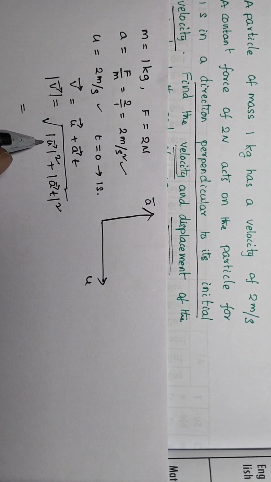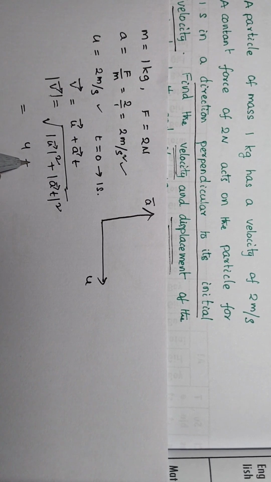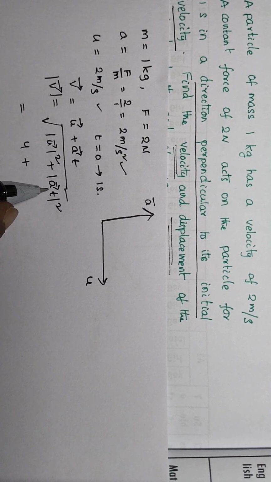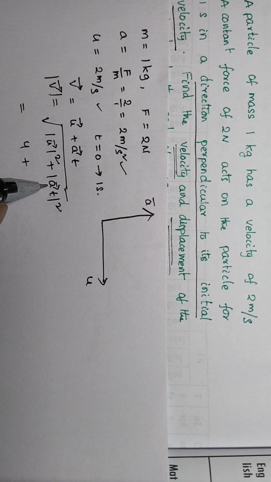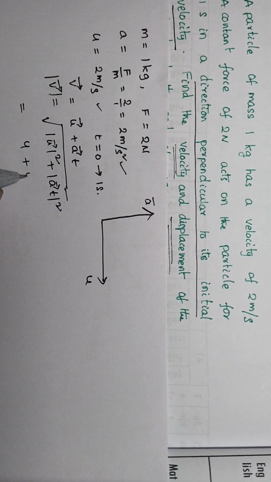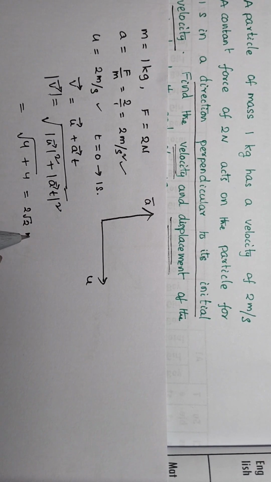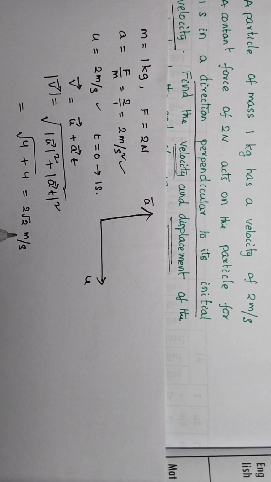That is equal to u bar squared is 4 plus a t, with t equal to 1 second, 2 square means 4, that is equal to 2 root 2 meters per second, the magnitude of the velocity.